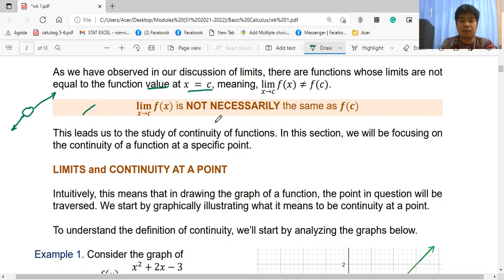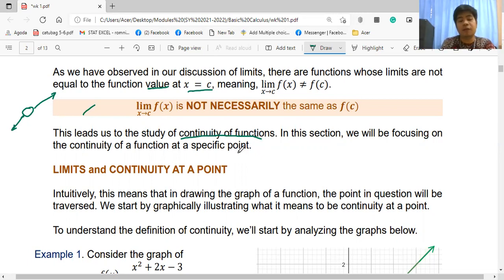Now, because of this definition, we will now have the study of continuity of functions. Why do we need to know about the continuity of functions? In these finals, we shall be moving to derivatives, and one of the definitions that you really need to understand is differentiability.